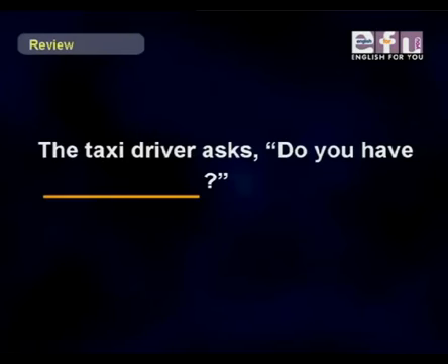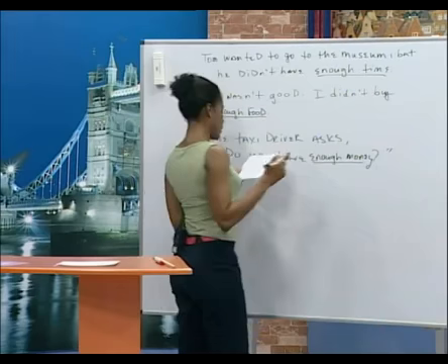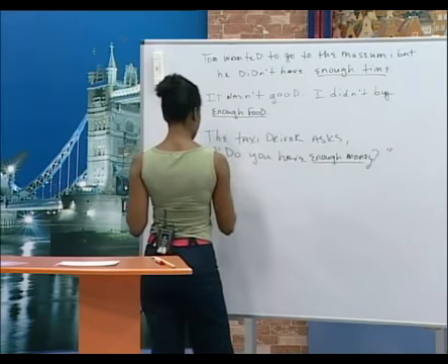Linda, I want to take a taxi to the stadium. The taxi driver asks, do you have enough money? Okay. So the taxi driver asks, do you have enough money? Okay, let's see.